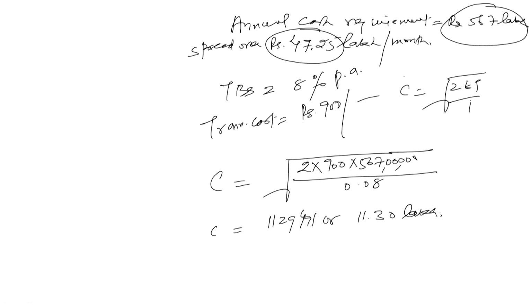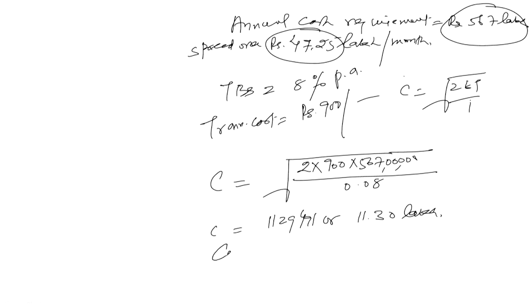So, the value of cash which we like to have, considering the opportunity cost and the transaction cost, works out to 11.30 lakhs, or 11,29,491, which we convert into approximately 11.30 lakhs.